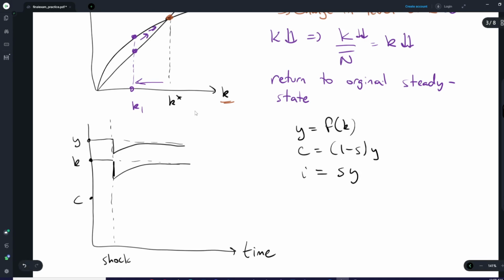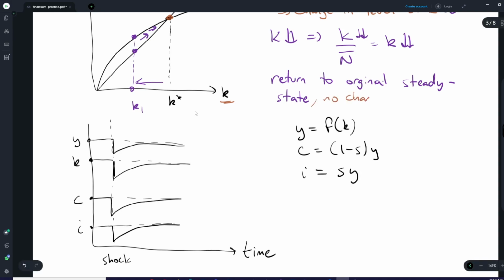If I want to think about consumption, well, consumption is just a constant fraction of y, so consumption also looks like this. And investment is just a fraction of y, so investment also looks like this, right? All of these things have the exact same behavior because they're all induced by y, right? And we know what's happening to y because we know what's happening to k, right? So again, in a perfect world, you might want to explain this just a little bit in words, right?